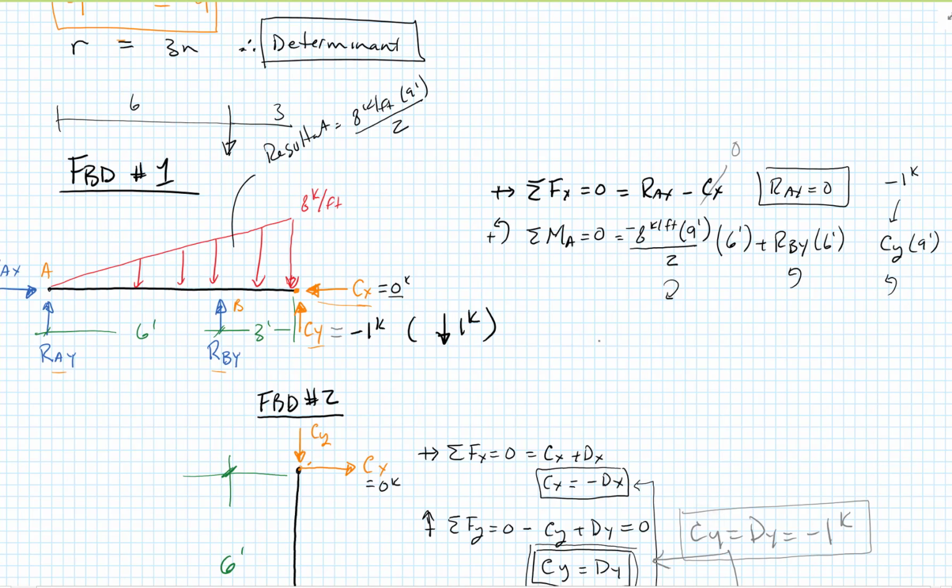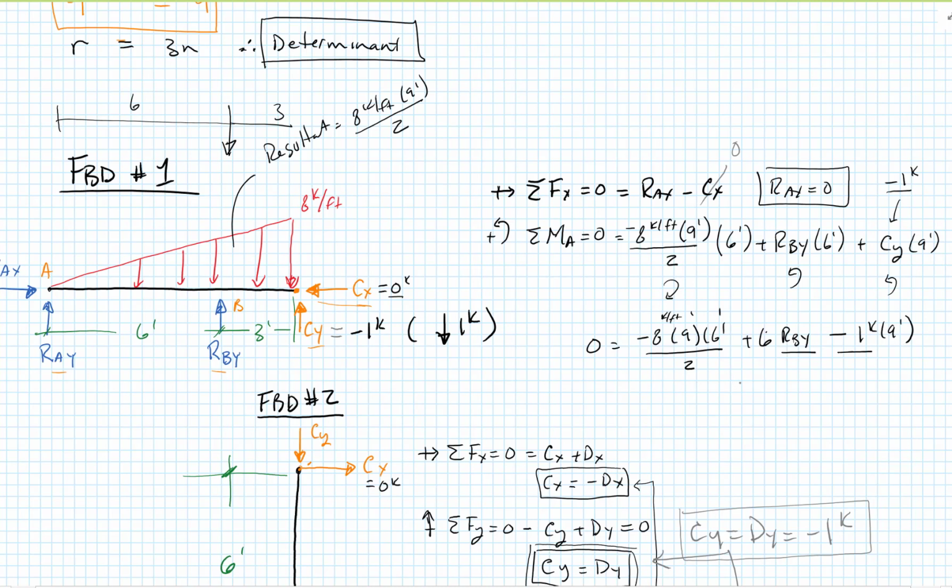I end up with 0 equals -8 times 9 times 6 over 2, that's kips per foot, that's feet, and that's feet, plus 6 Rby minus 1 kip times 9 feet. Okay, so that was a plus the way we were drawing it, but the negative comes from the -1, and I can solve this for Rby.